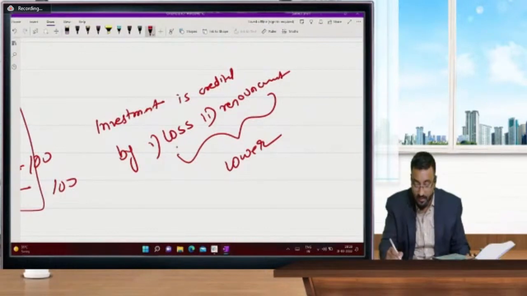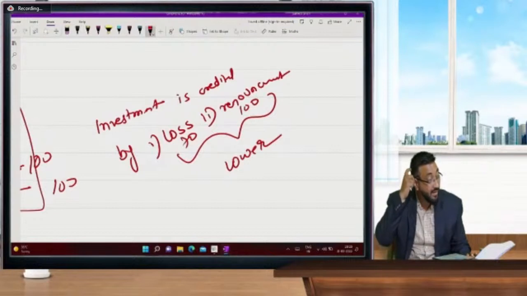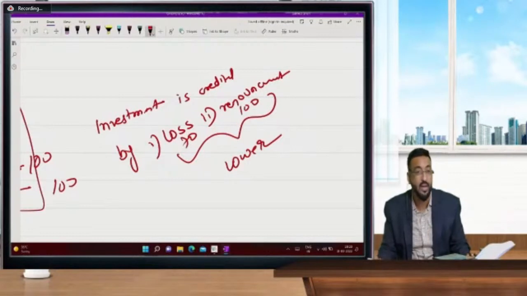If loss is 200 and renouncement is 100, it is recorded at 100. If loss is 70 and renouncement is 100, investment is credited by 70 rupees, whichever is lower, and the balancing figure he will record to the profit and loss account.